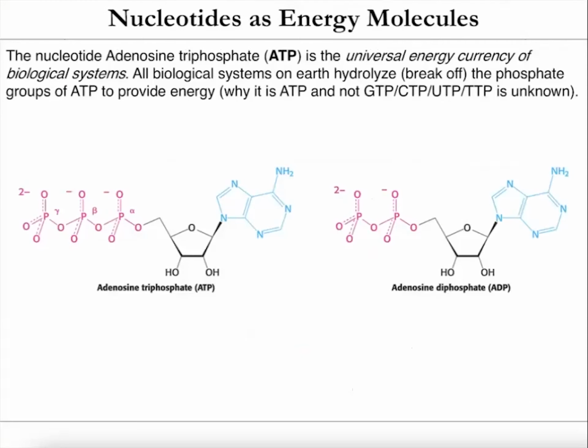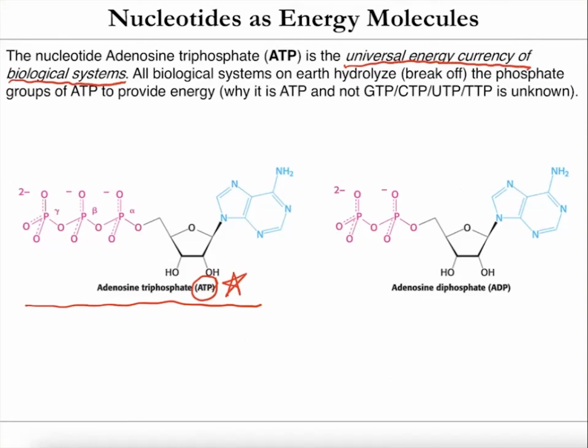And as I mentioned before, nucleotides are really important energy molecules, and we'll talk more about this later in the course. But this one specific nucleotide called adenosine triphosphate, or ATP, is the universal energy currency of all biological systems. So all biological systems will take in energy either through eating carbon-based molecules and oxidizing those, or through photosynthesis, and they'll use that energy to make ATP molecules.